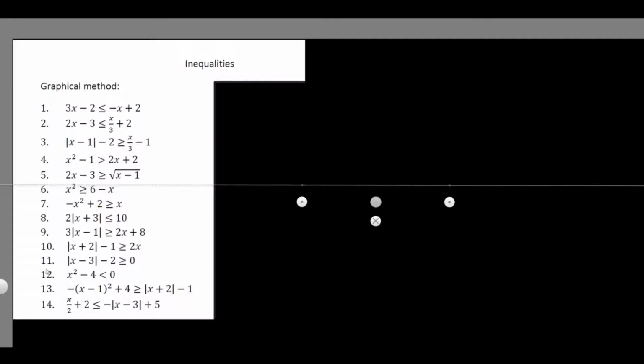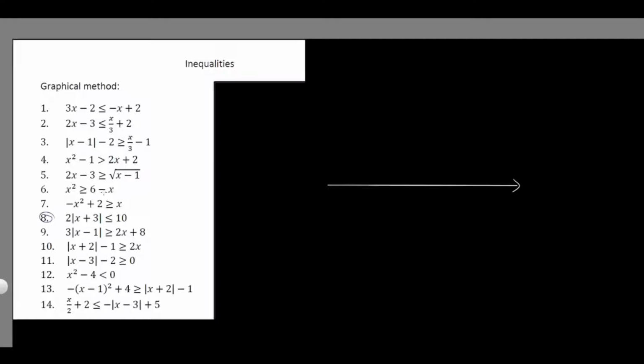Of course, it's important to understand that if you have one in the inequality. So let's take an example, example 8 here.